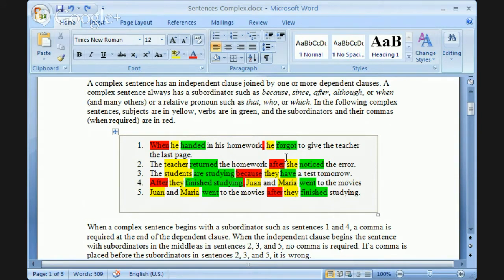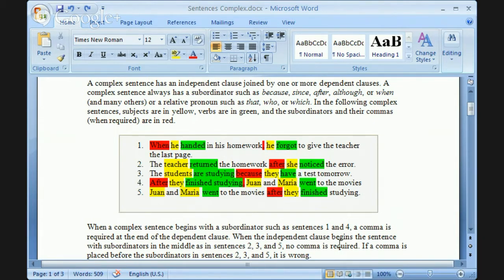The verb is the action, and subordinators are red, and commas where they are required, also in red. Subordinators, you notice, looking at the examples, when, after, because. Often subordinators have to do with time, and the sentence doesn't make sense unless we have a subordinate clause which indicates time. This is very common.